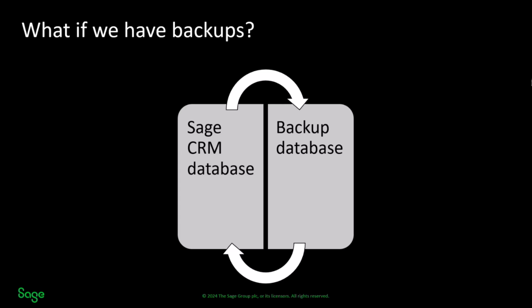Because if you have a working Sage CRM database that records the details of a person, that's all of the name, email, all of the PII, and each person record has a unique ID, which it does, and you take a backup of that database to create a second database elsewhere as part of your responsibility as an IT professional.